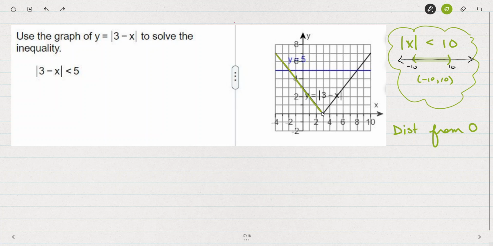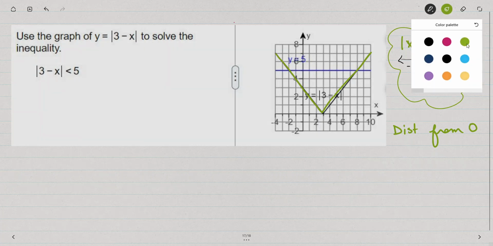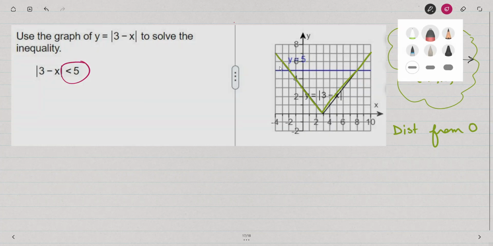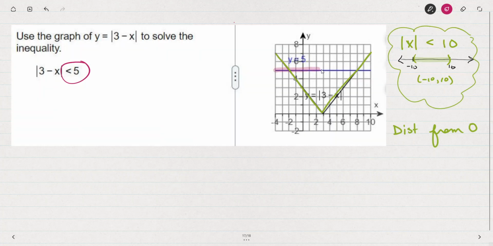So we've got the absolute value in green, and then let's look at what the absolute value is less than, and that's the 5. So if I did a horizontal line, y equals 5, what I'm looking for is all the x's, all of the solutions to this, so all the x's such that this inequality holds, so the green is less than the pink.